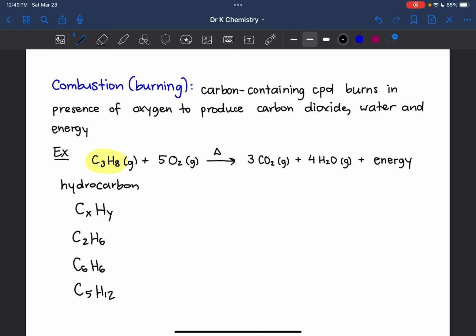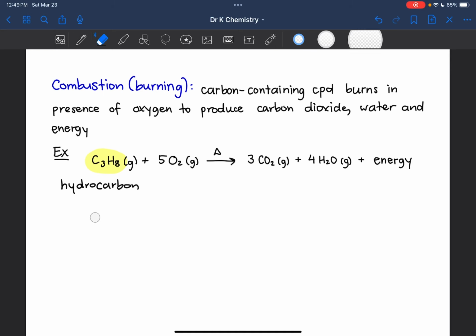But in any case, as long as it's a hydrocarbon, this will be one of the reactants for the combustion reaction. So it will always involve a hydrocarbon. Oxygen will always be one of the reactants because oxygen is required for a flame to burn. And the products will always be the same.